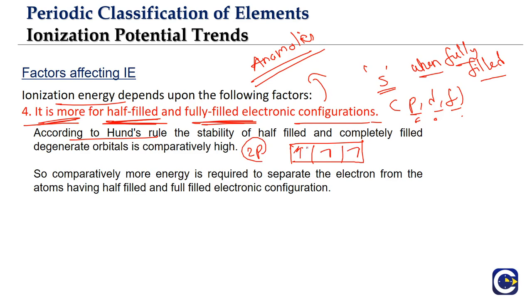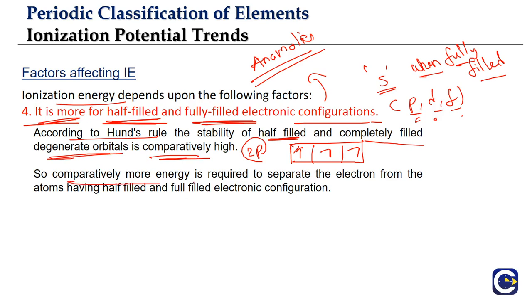So when we first fill each of them with one electron and then start pairing them, it is associated with giving stability to both the half filled as well as completely filled degenerate orbital configurations. It means if you want to disturb it, we will have to spend more amount of energy.